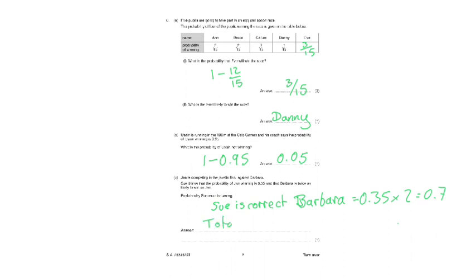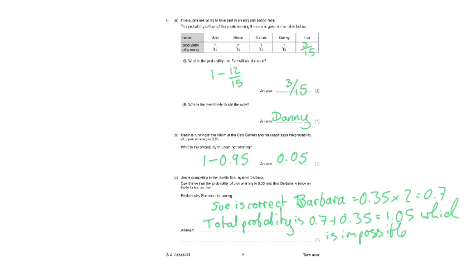Total probability is 0.7 plus 0.35, which is 1.05. Which is impossible. There we go.